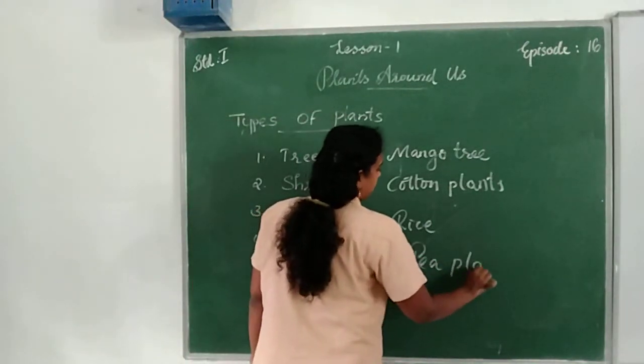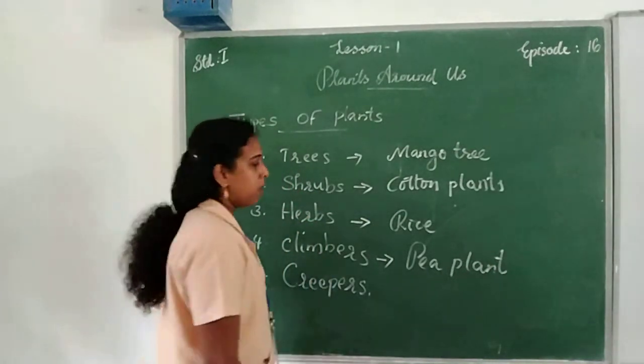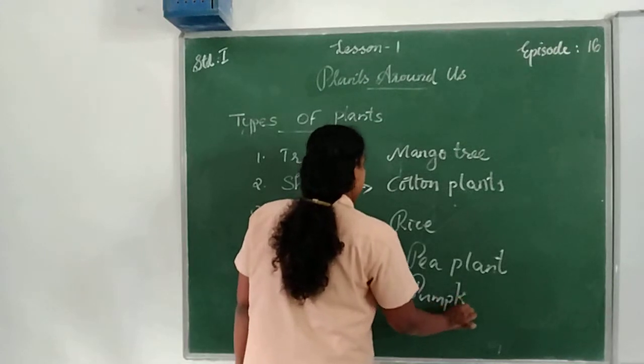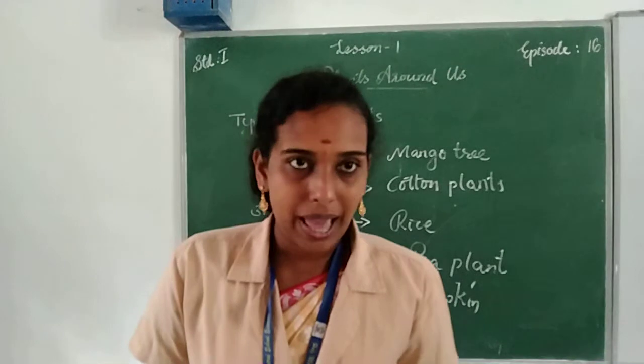Then examples for creepers are pumpkin, watermelon, etc. So these are the different types of plants.